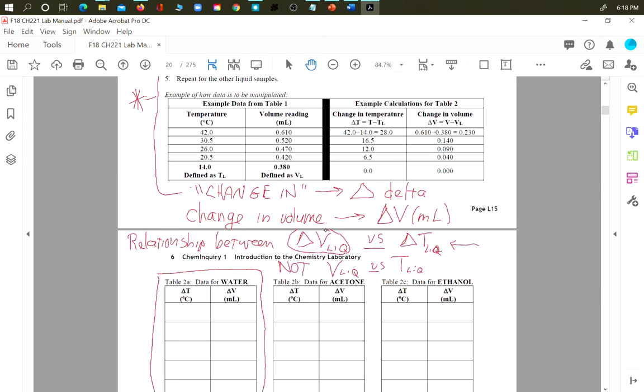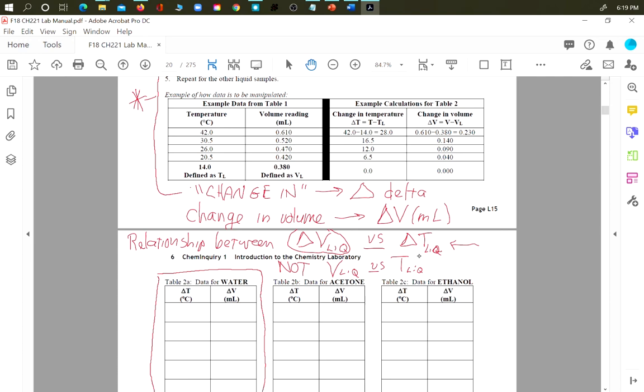And that is something that is going to be a representative characteristic of a particular substance. That's an intrinsic property of that substance. Water will always change its volume a certain percentage with every change in temperature. So that's what we're interested in graphing.